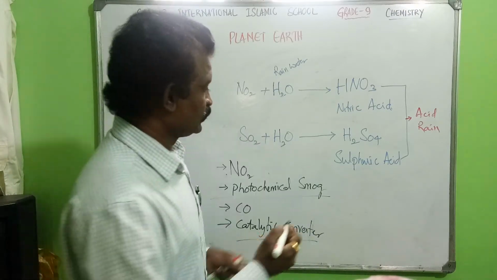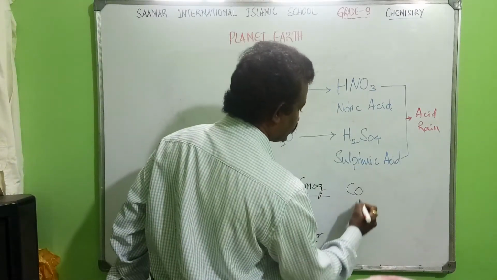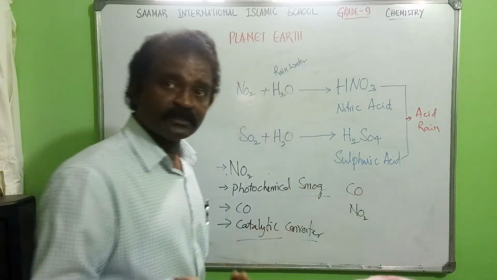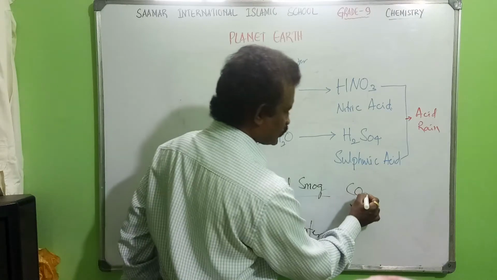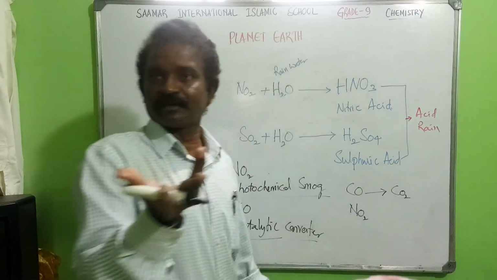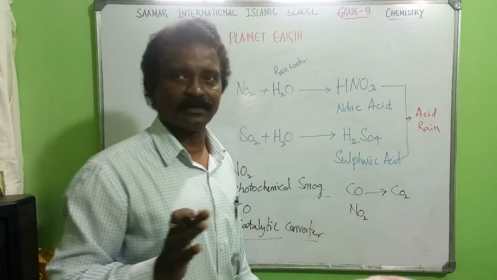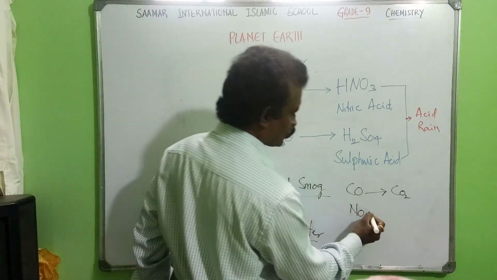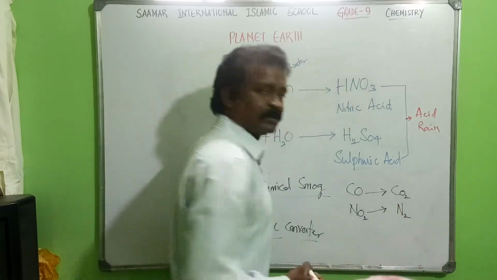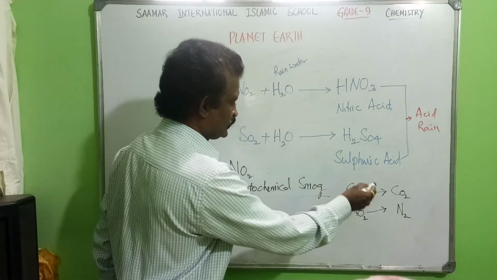Where carbon monoxide and nitrogen oxide are released, we are using catalytic converters, so this carbon monoxide gets converted to carbon dioxide. So we are also releasing carbon dioxide. I think that it is a hot gas, that's all. Now nitrogen dioxide gets converted to nitrogen by using these catalytic converters.